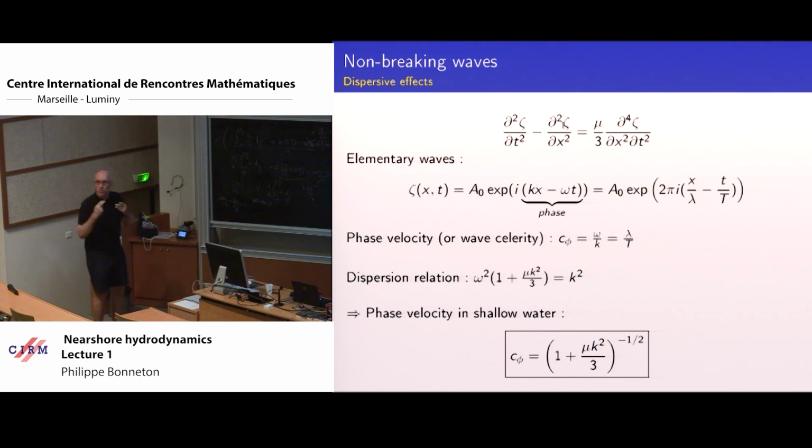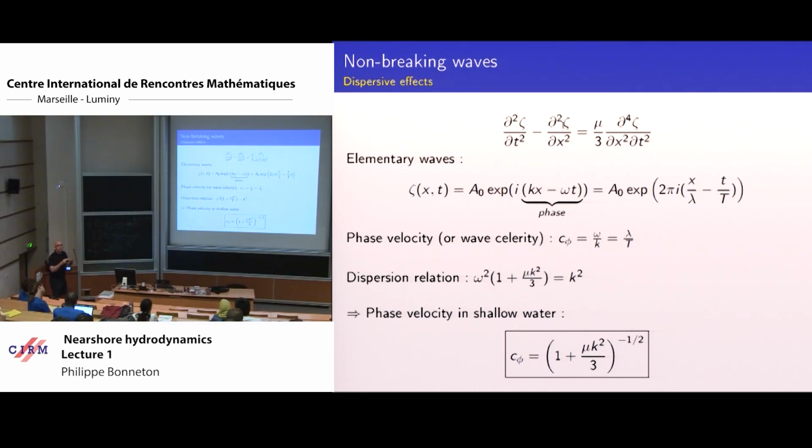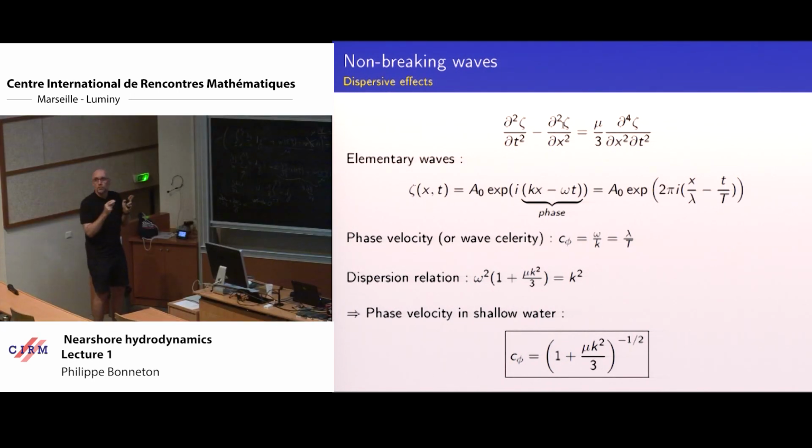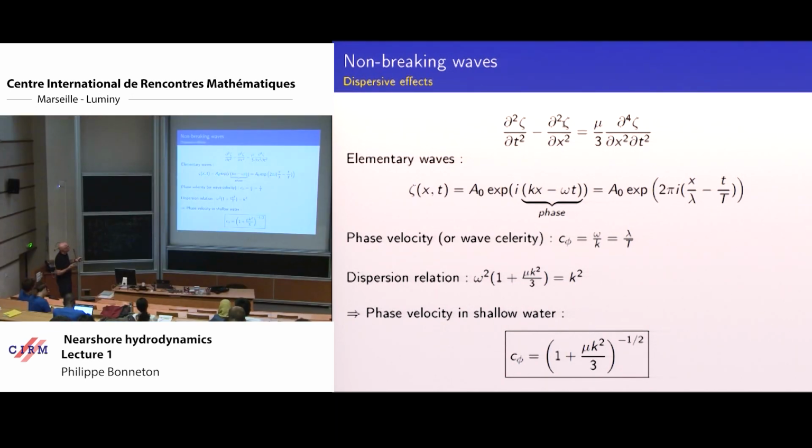Due to the linearity of the equation, we can use the superposition principle to reconstruct the global solution. So it's enough first to study only the dynamics of one elementary wave, which is written as a Fourier mode A0 exponential i(kx minus omega t).